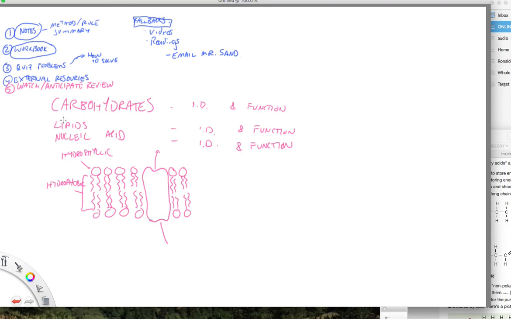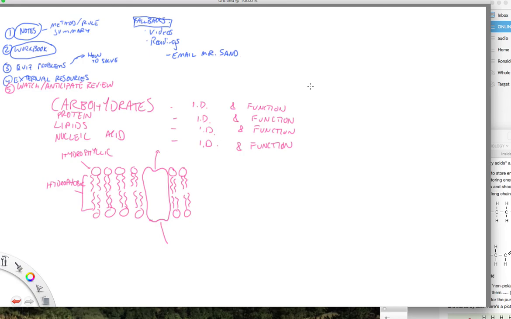What else can we talk about here? So we've got carbohydrates, lipids, and then the final one would be proteins. And we'll put proteins right here. Of course, you know what a protein looks like. A protein is just a string of amino acids. And so look at what an amino acid looks like basically, and know what the functions of proteins are. There's lots of functions for proteins. They do just about everything in the cell.